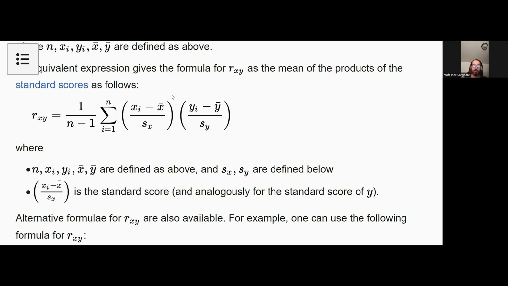Although things kind of work in the opposite direction of what we are going to expect, the absolute value of R cannot be bigger than 1. And the closer that absolute value is to 1, the closer the scatter plot will be to a, quote, perfect line.